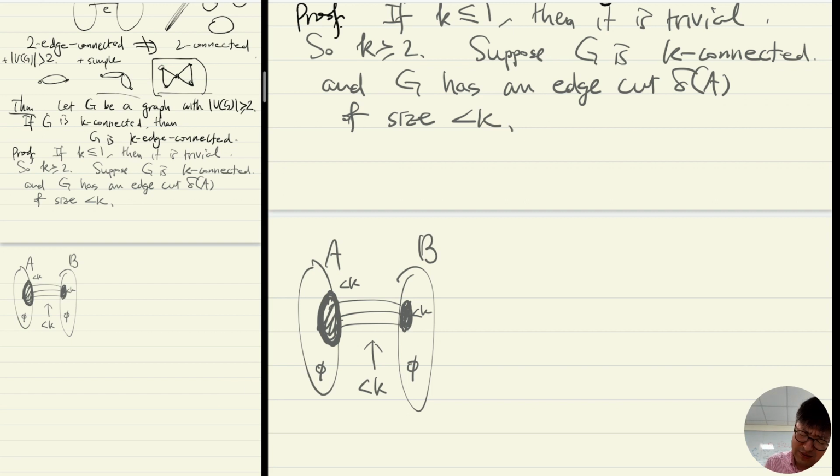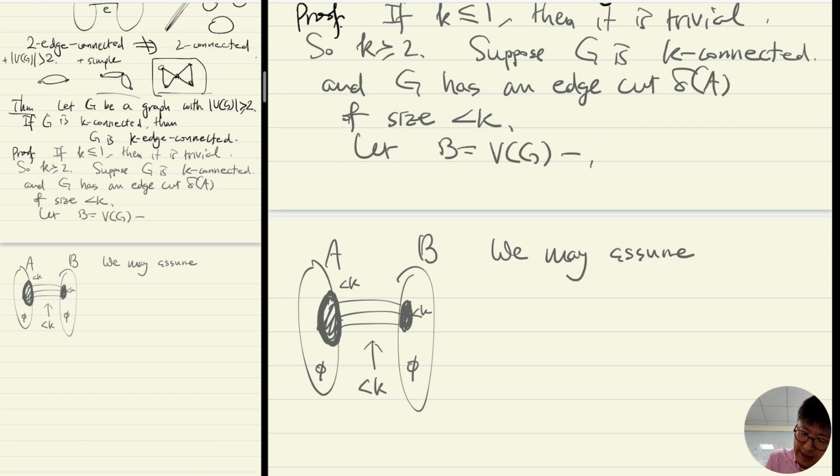Okay. Let's use matrix. So we may assume, let B be the VG minus A. We may assume that A is bigger than B. A has more vertices than B. All right.